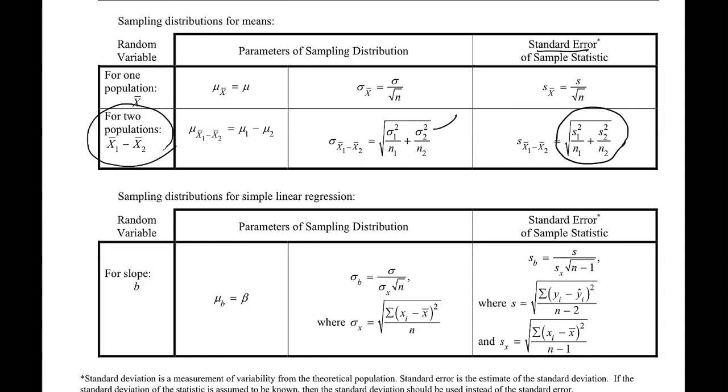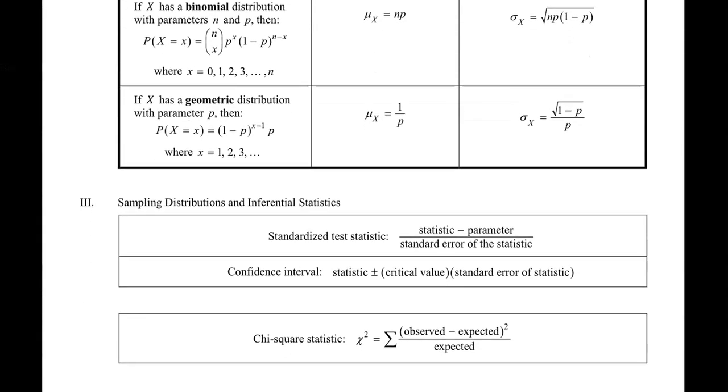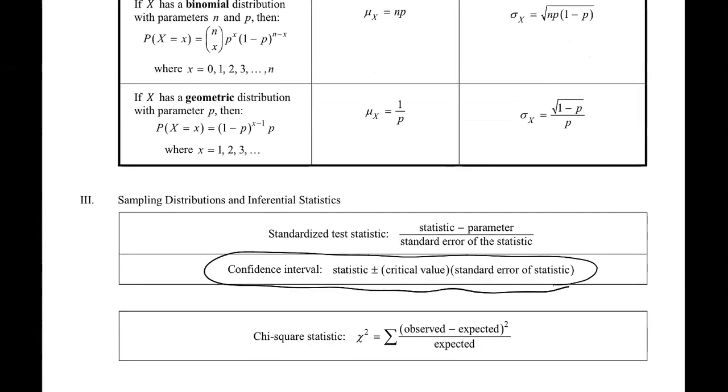Since we don't know the population standard deviation, we estimate it with the sample standard deviation and then square it to make it variance. And if you don't remember the formula for a confidence interval, it is this formula right here. Our statistic will be our difference in means, critical value t star, and our standard error of the statistic was on that previous page I just showed you.